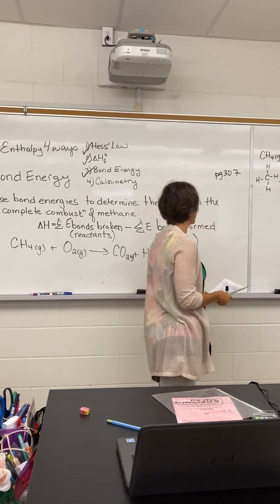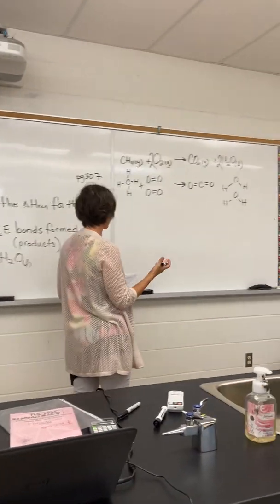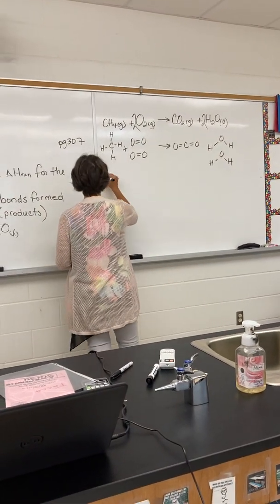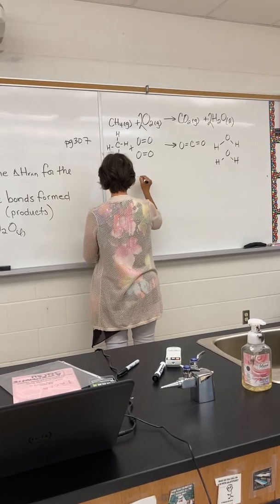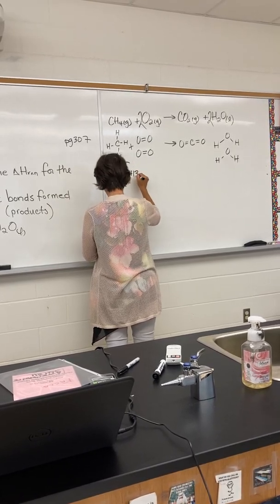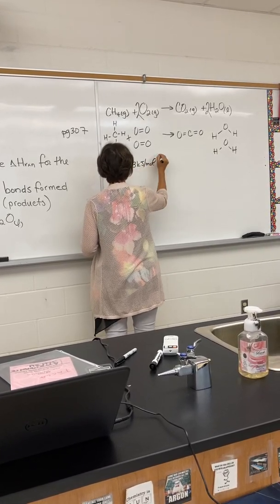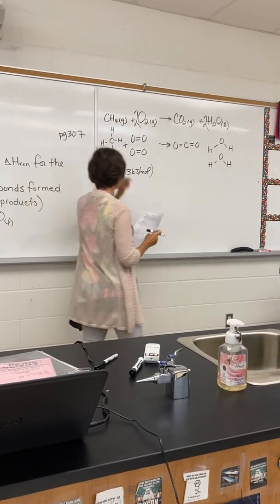Okay, so I look up the bond energy table and I determine how much energy is required to break a carbon-hydrogen bond. According to the table, it is going to require 413 kilojoules per mole, right? But I'm not just breaking one carbon-hydrogen bond, I'm breaking 4.